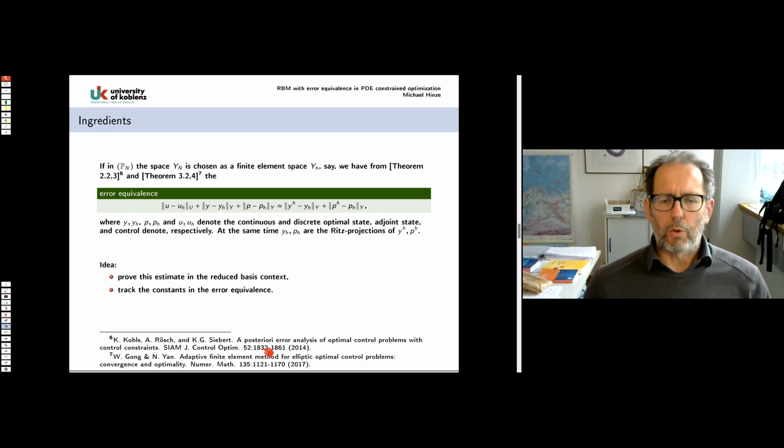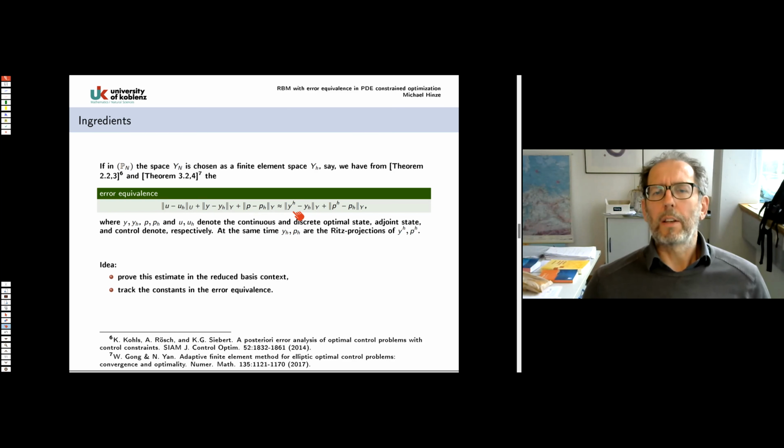And in those papers, it is shown that the finite element error in the control problem, so the error of control minus discrete control, state minus finite element state, adjoint state minus finite element adjoint state, is equivalent to an error in y_h. Okay.